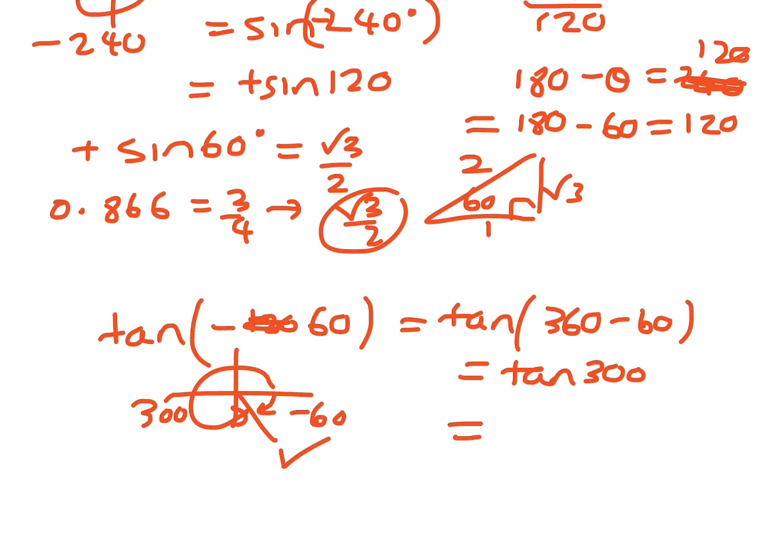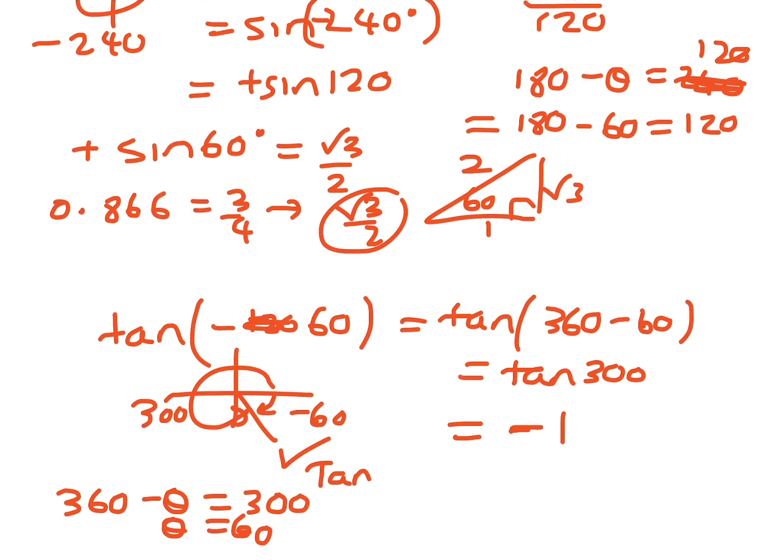So in the fourth quadrant, tan will be negative, so it'll be a minus. The acute angle equivalent to that would be 360 minus theta gives you 300, so it would have to be 60. So it's equivalent to minus tan 60. Go to your triangle, and it's equal to minus root 3 on 1, which is minus root 3.